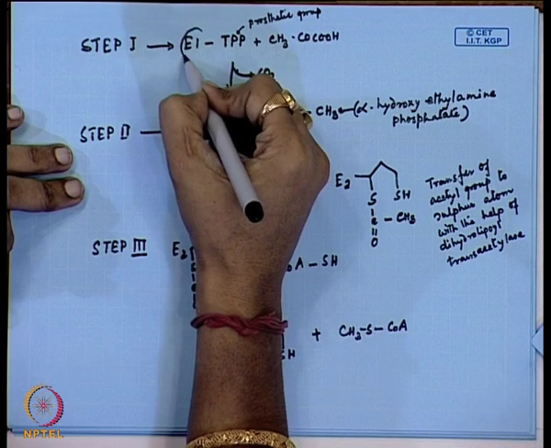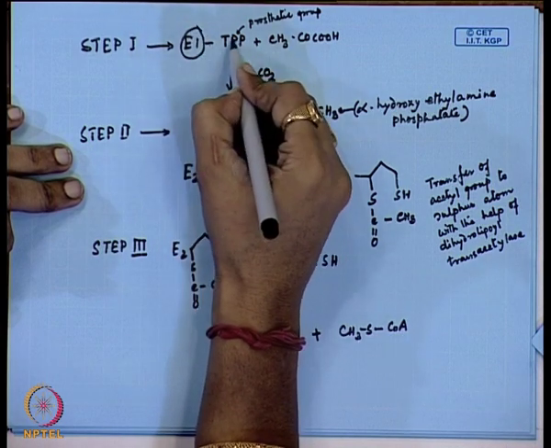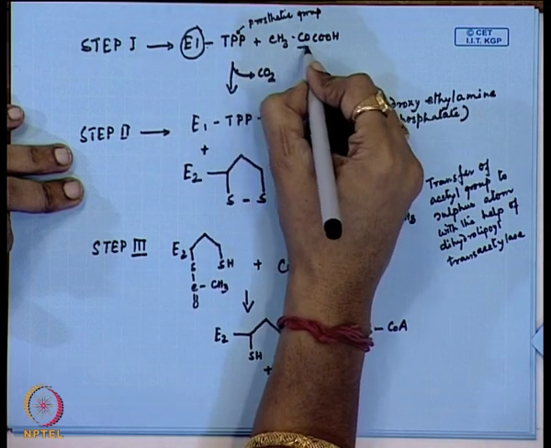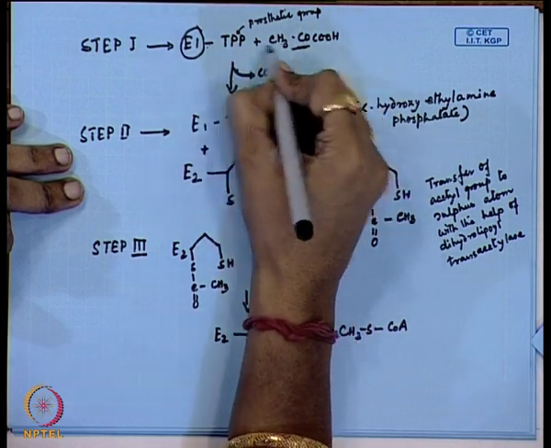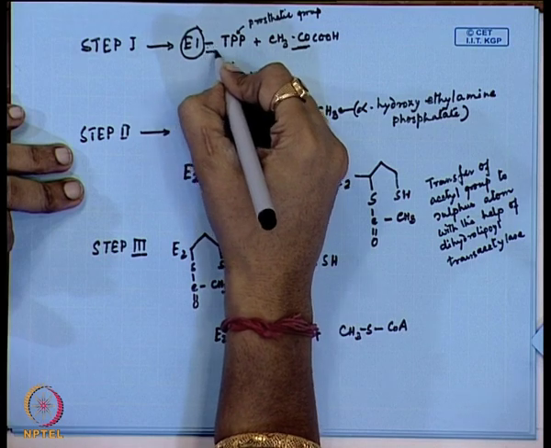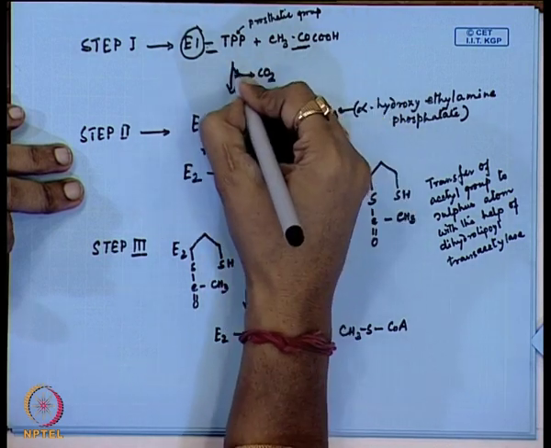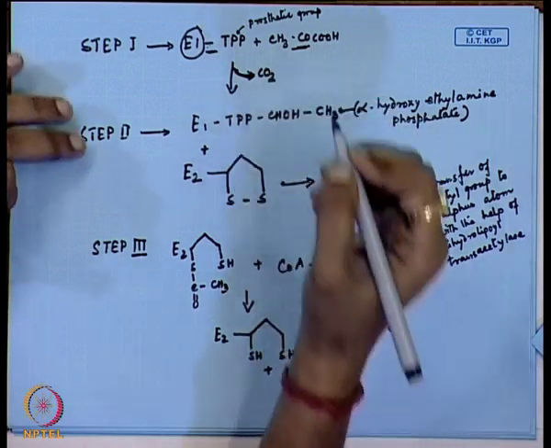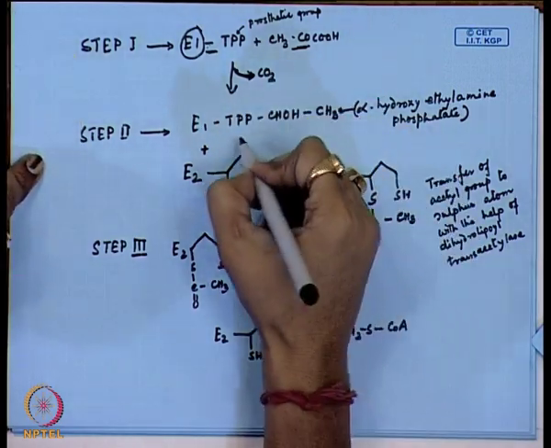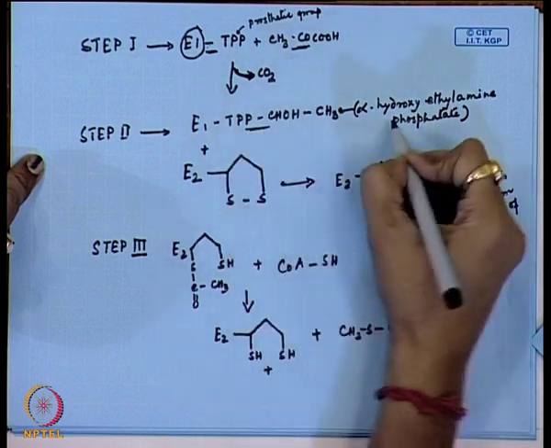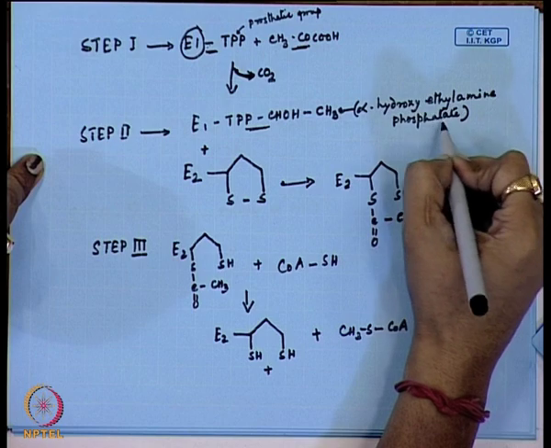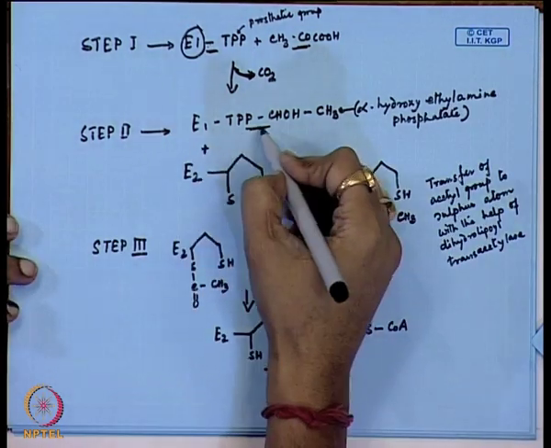E1 is the enzyme to which TPP is attached as the prosthetic group, and pyruvate comes in contact with this complex, and one molecule of carbon dioxide is released from this reaction, and as a result we get alpha hydroxyethyl TPP. So, this is the end product.